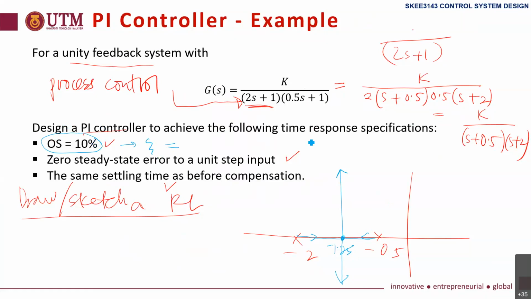Zeta is 0.59. So we can plot here the zeta line, zeta 0.59. Of course, there is an angle here, and you can get this value.